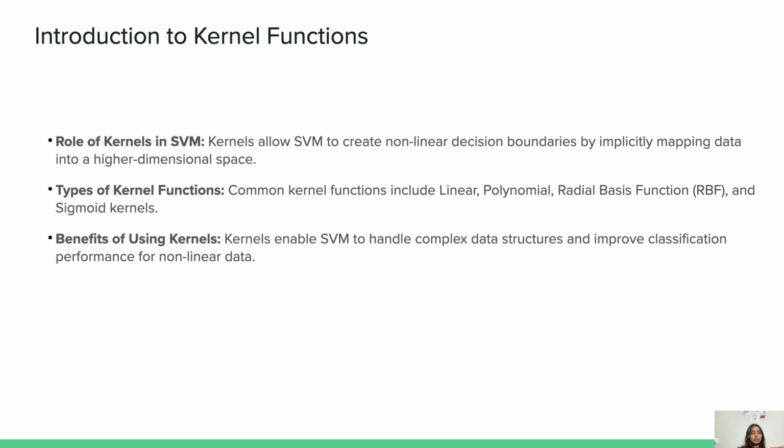Common kernel functions include linear, polynomial, radial basis function, which is RBF, and sigmoid kernels. Now the benefits of using kernels. Kernels enable SVM to handle complex data structures and improve classification performance on non-linear data.